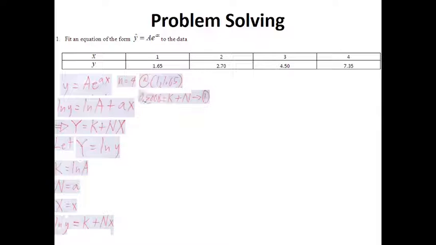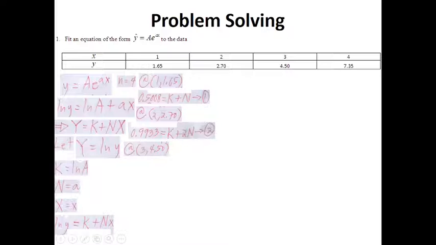And then at 2, 2.70, we have ln of 2.70, that is 0.9933, equals k plus 2n. That's the second equation.